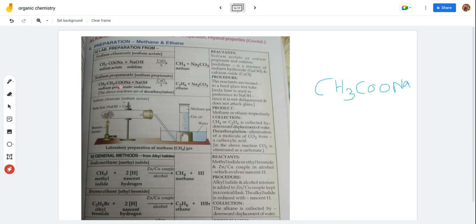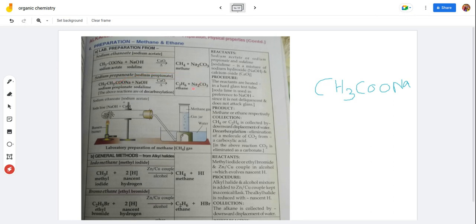Now we can move on to the preparation of ethane. Now you see here, CH3CH2COONa plus NaOH. Here Na will combine with Na and it will form Na2CO3. So you can remove this Na2CO3. If Na2CO3 is removed, it is decarboxylation.